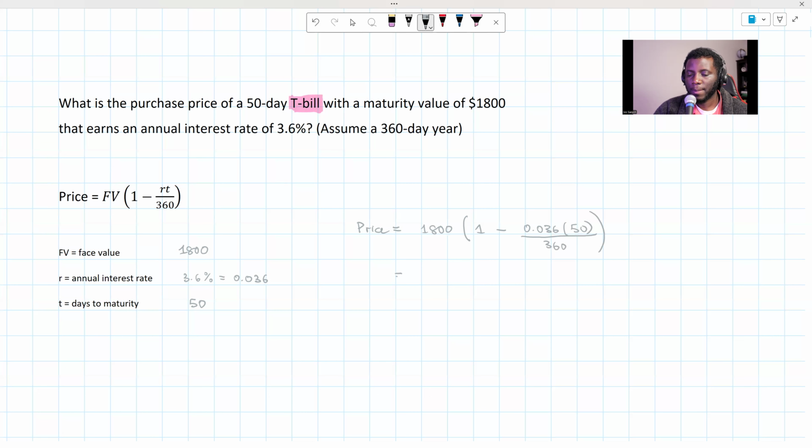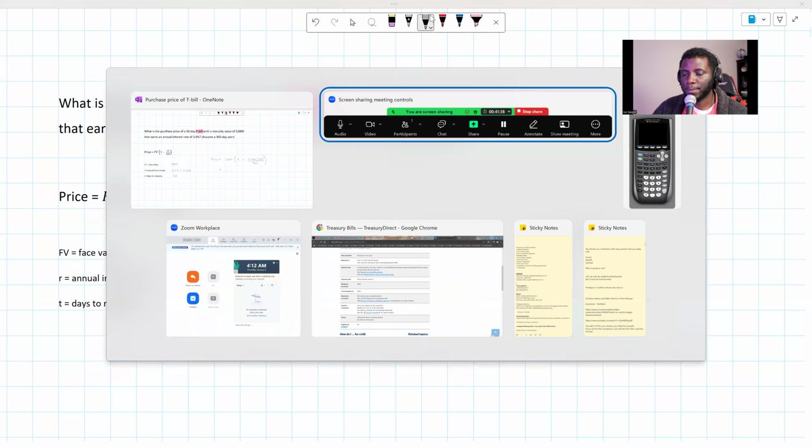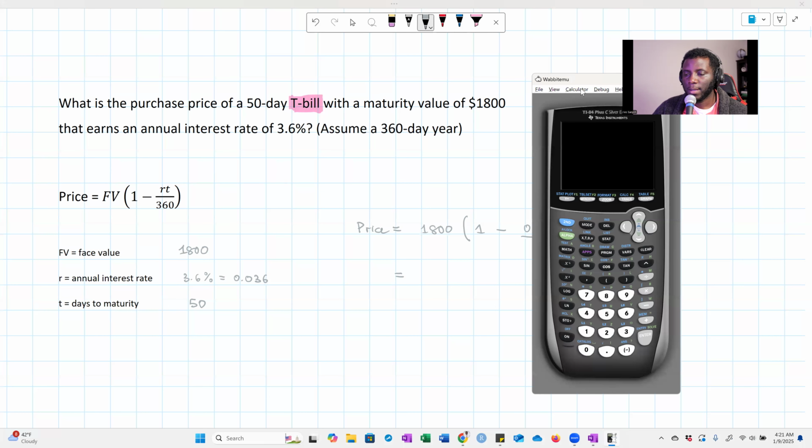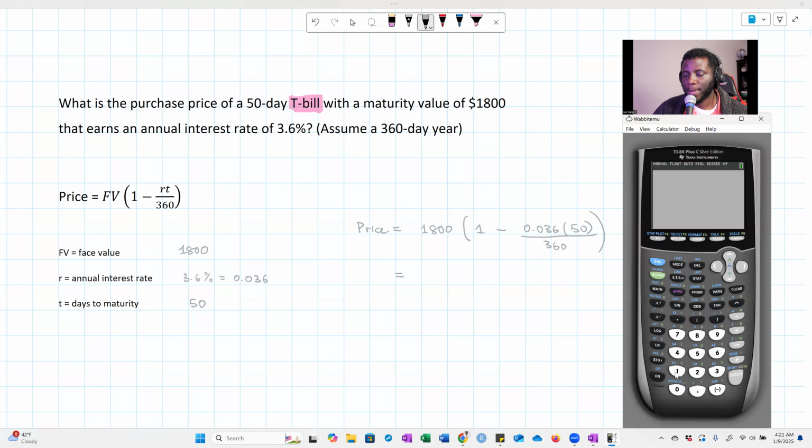I can pull up a calculator emulator that I have and just plug in the numbers really quickly. So we'll turn this on, and then we'll have 1,800 multiplied by 1 minus, let's set up the fraction, 0.036 multiplied by 50.